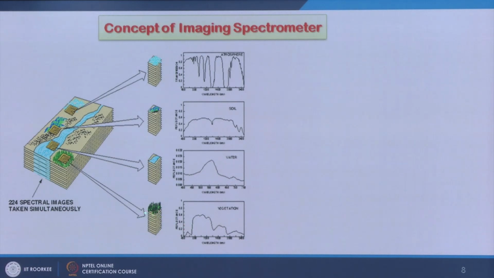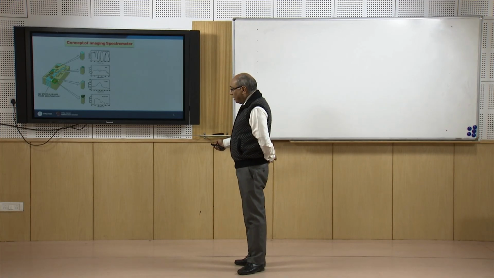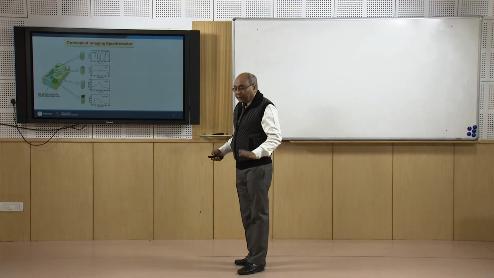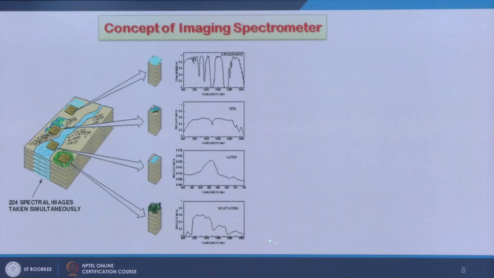Like here, it immediately becomes very easy to make a spectral curve if I have some prior information that this area is 100% vegetation cover. Then I can say that this is the spectral curve.